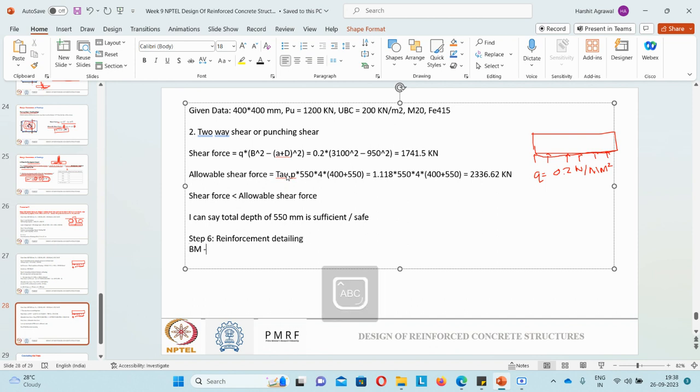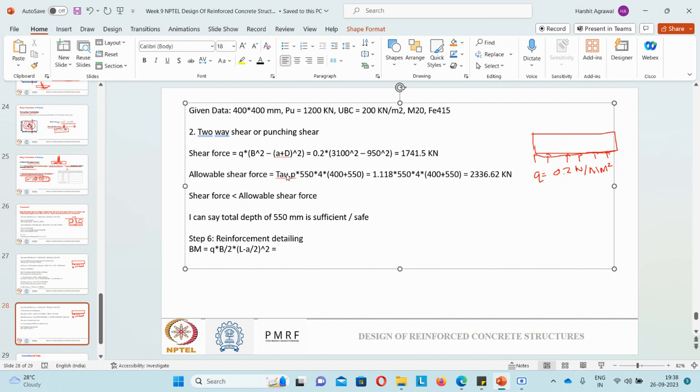The bending moment is nothing but q times B times (L minus a by 2) square at the face, by 2, like we write wL square by 8. So similarly like that.